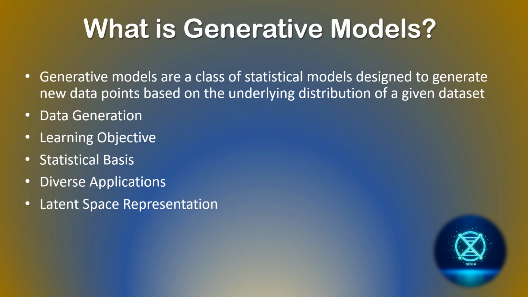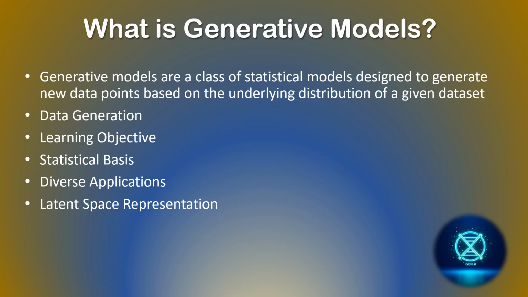Another one is the learning objective. Generative models differ significantly from discriminative models. While discriminative models aim to predict a label for a given input, generative models delve deeper. They learn the intricate patterns and structures within the training data, enabling them to replicate and generate similar outputs effectively.